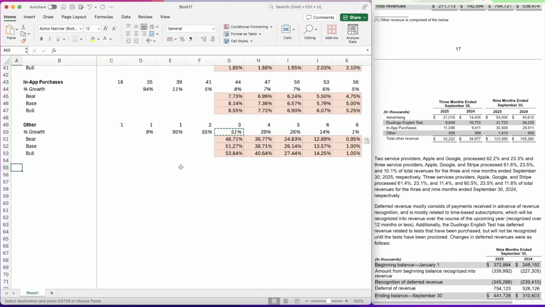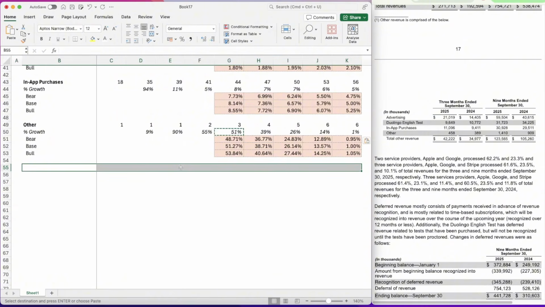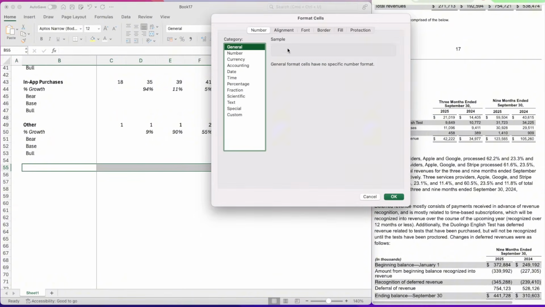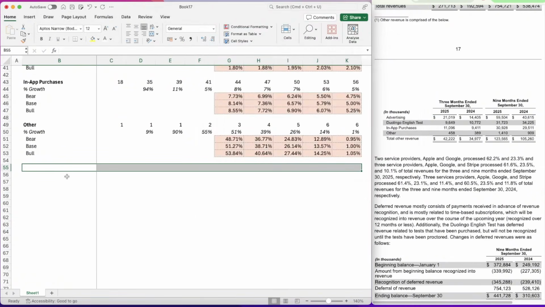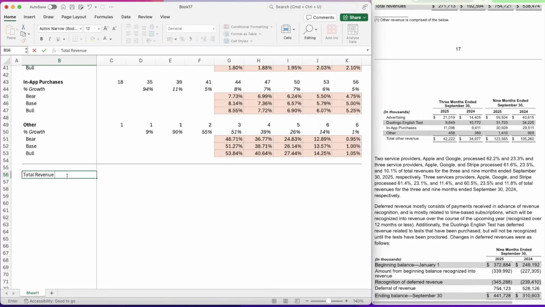Okay, looks good. Let's total all of this up and we'll move on to the next section, which will be the income statement. Let's go equals sum.